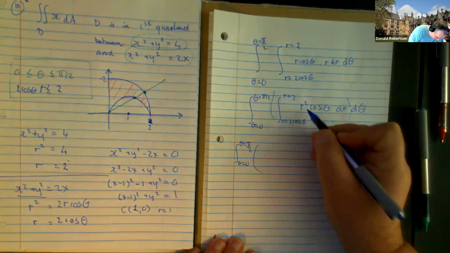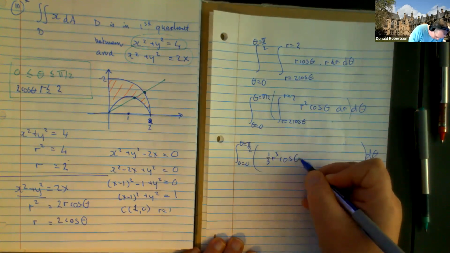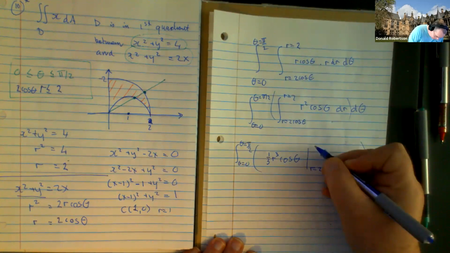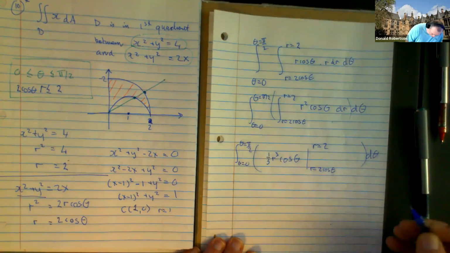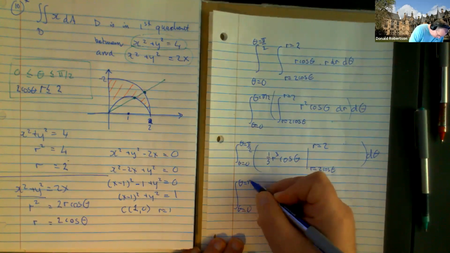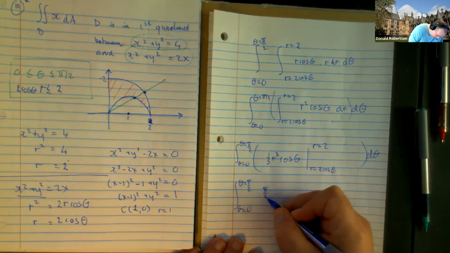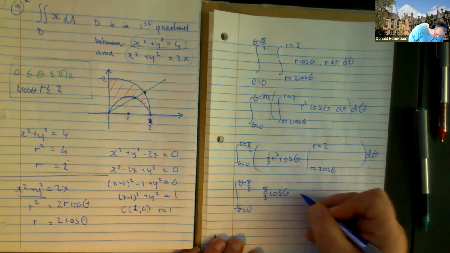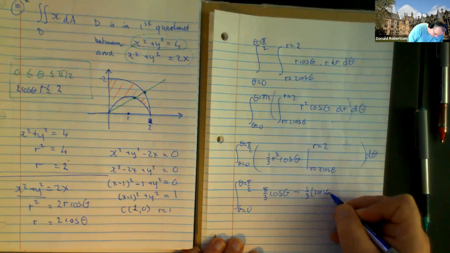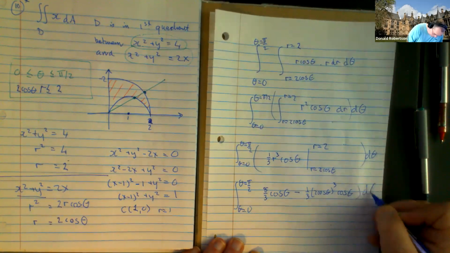With respect to r, you get 1/3 r cubed cosine theta evaluated at 2 cosine theta and at 2. If you plug in 2, you get 8/3 cosine theta, take away 1/3 (2 cosine theta) cubed cosine theta d theta.